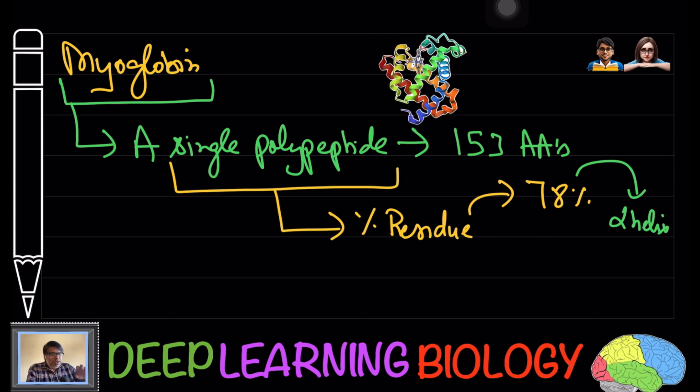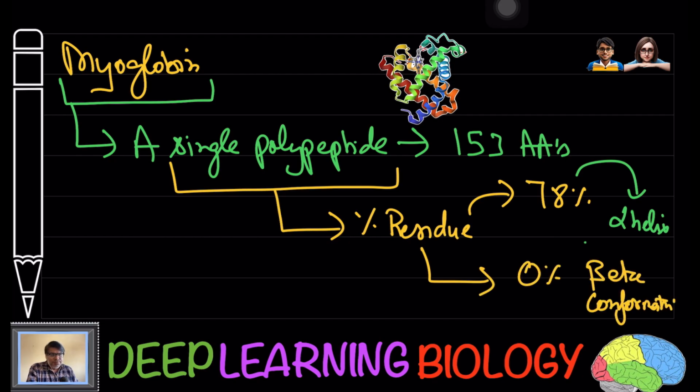If you break down all these secondary structures, 78% is alpha helix and 0% is beta. So in myoglobin, most of the polypeptide folds in the form of alpha helix. You are not going to see beta sheets or beta structures.